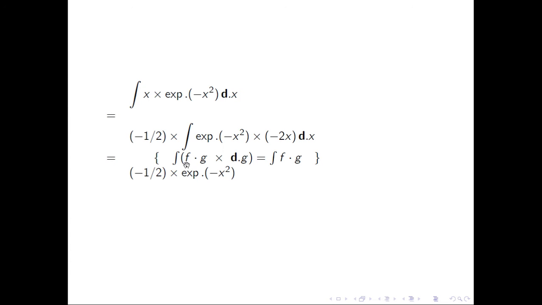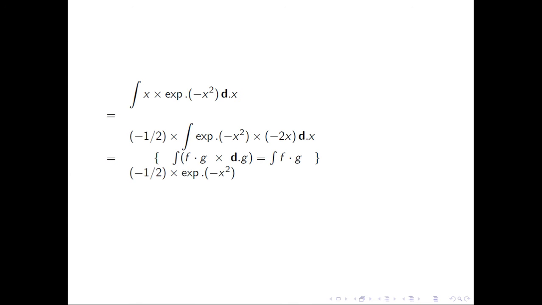Our function f is the exponential function, and our function g is the function that squares its argument and then negates it.